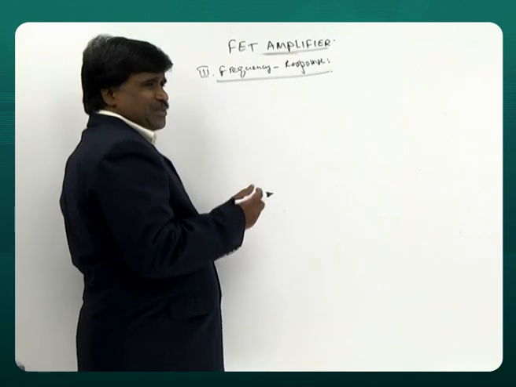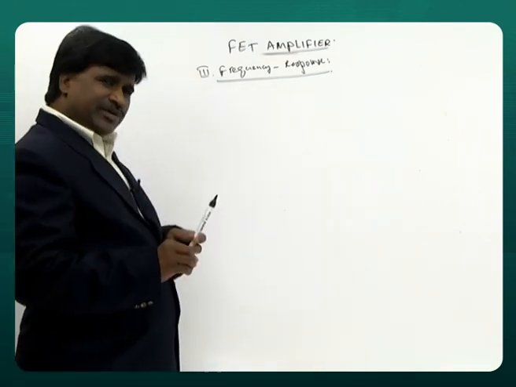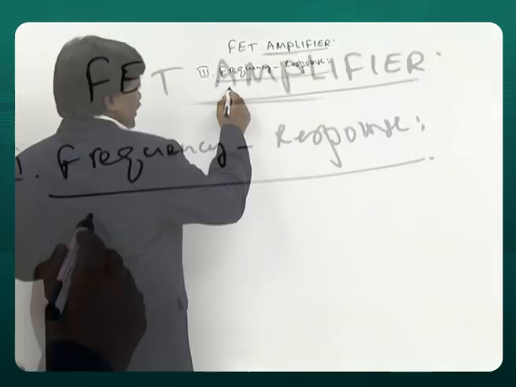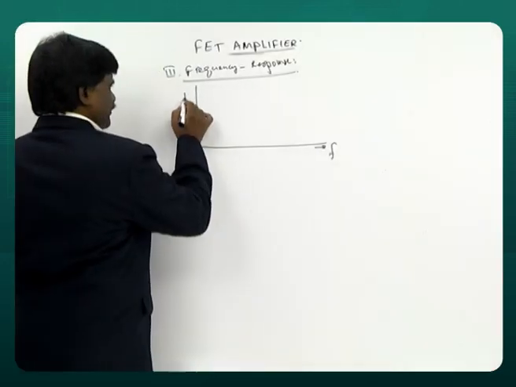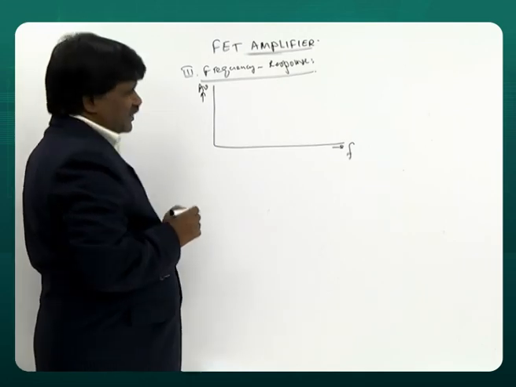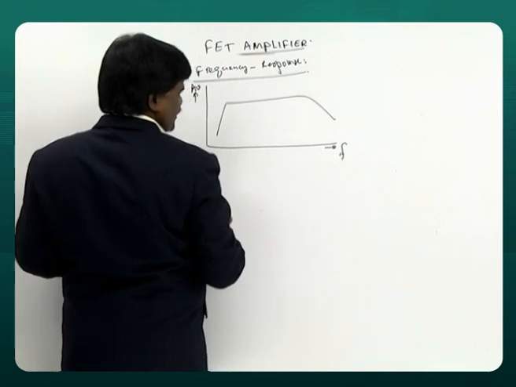What is frequency response? The word is very simple. How the circuit is responding to different frequencies. That actually is like this: frequency versus gain. And what happens is there is a response like this.